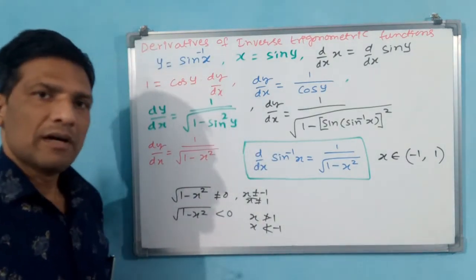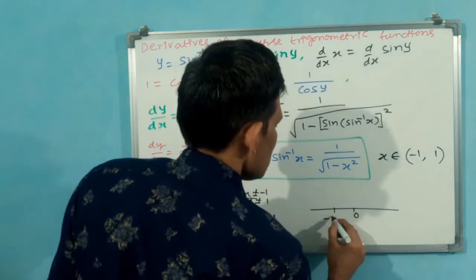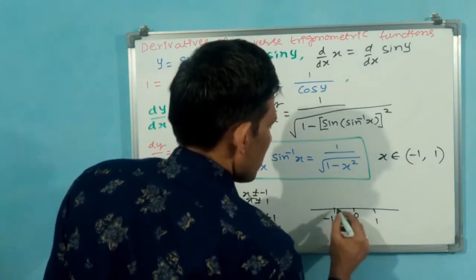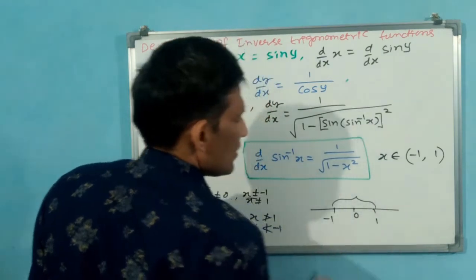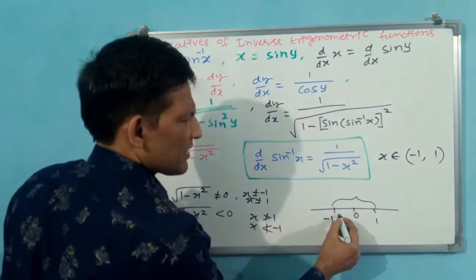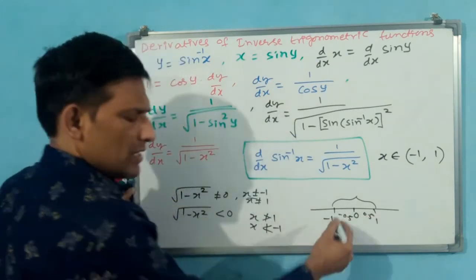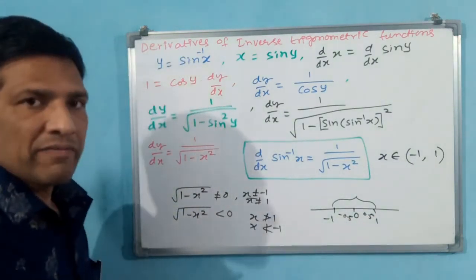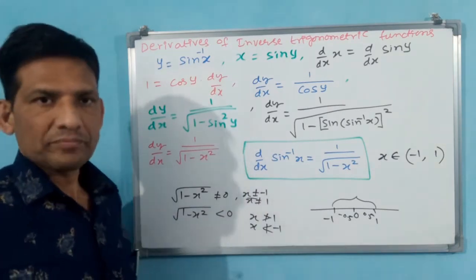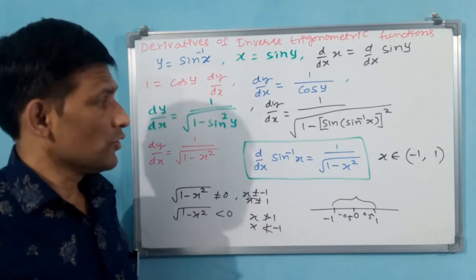You understand now? On the real number line, this is 0, this is minus 1, this is 1. Only in between you can give, but minus 1 and 1 you cannot give. In between there are several values: minus 0.5, 0.5, 0.25, 0.75. All those values you can give here. Keep that in mind.